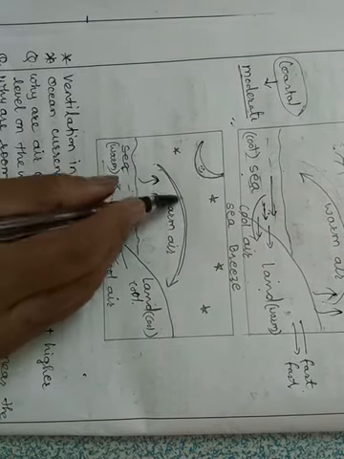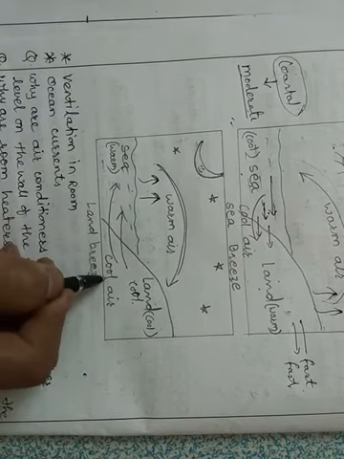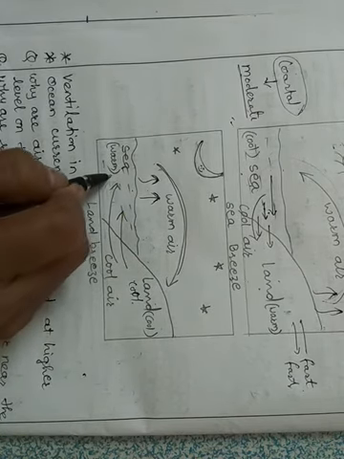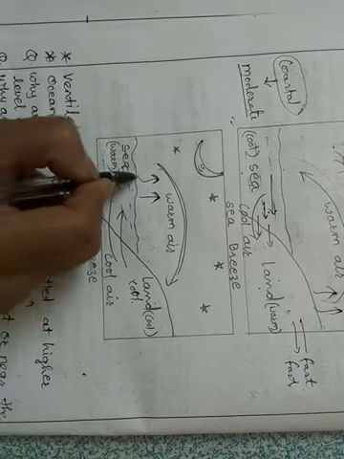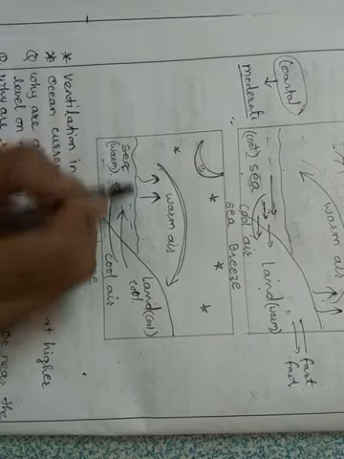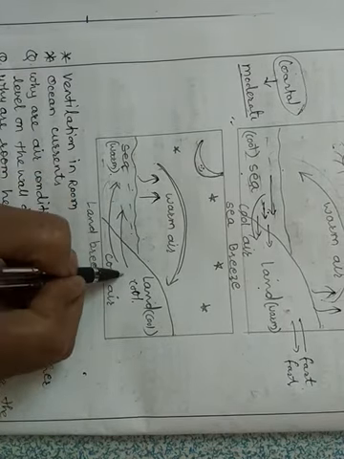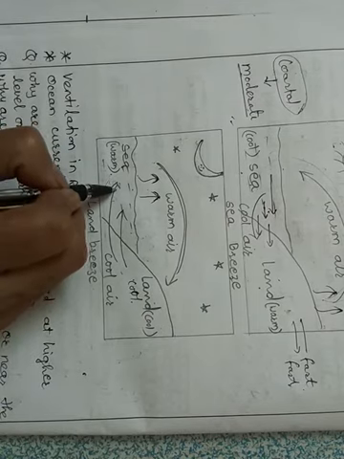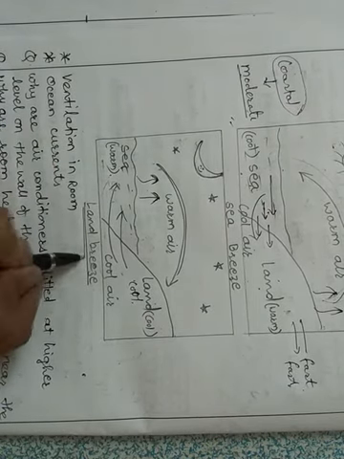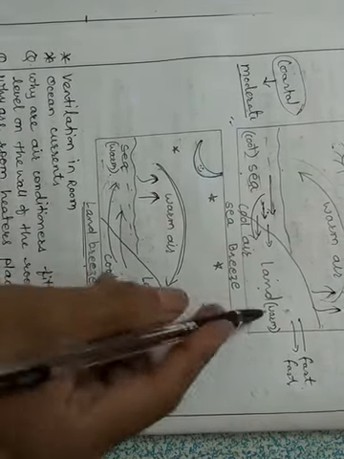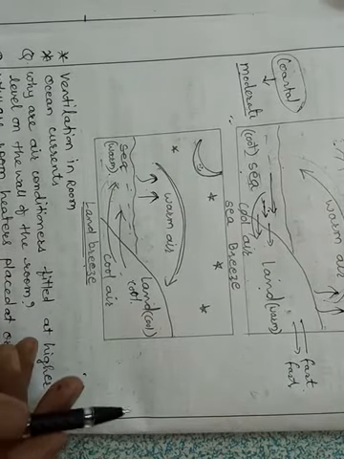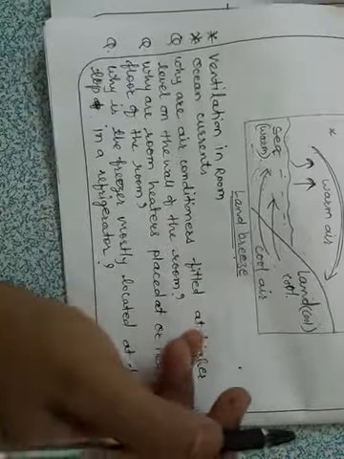The warm air over the sea rises up and the cooler air from the land starts moving towards the sea to take its place. Okay, and this convection current from land to the sea is known as land breeze. So this is an example of convection, movement of the air.